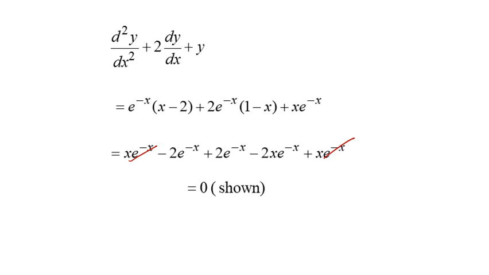Actually this one does not cancel out, this is positive, so 2. So cancel out this with this one, negative 2x. And then here the same factor we can cancel out. So we can show that it is actually equal to 0.